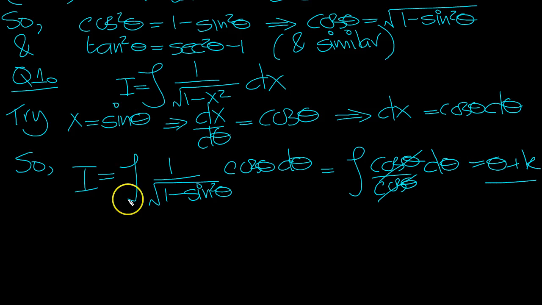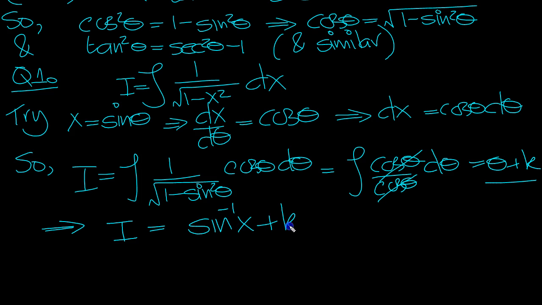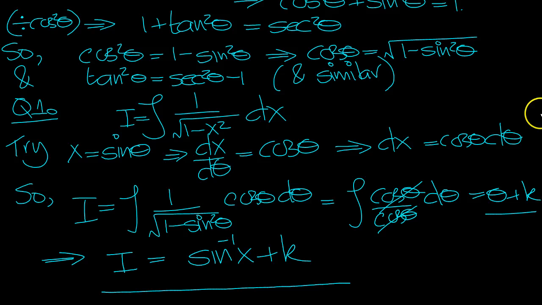If we inverse sine, that tells us what theta is. So it's the inverse sine, both sides, you get theta plus k. So the inverse sine function is the integral. So anything like this, we try x equals sine theta.